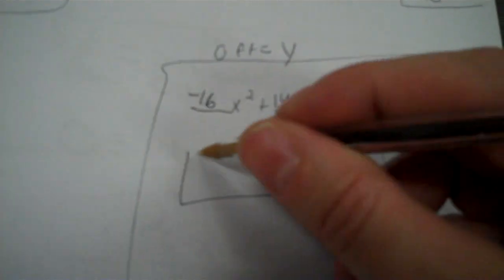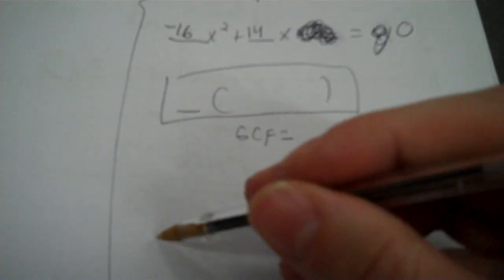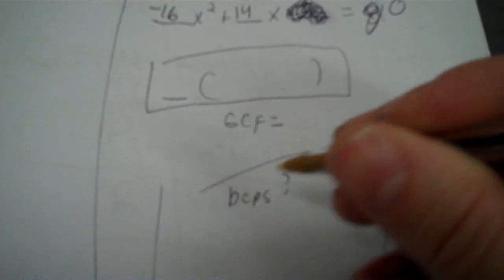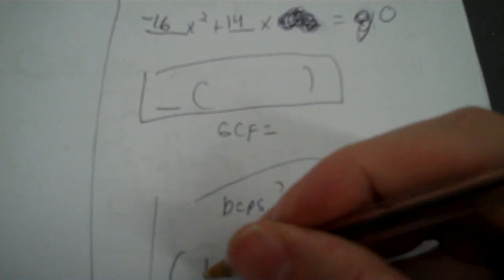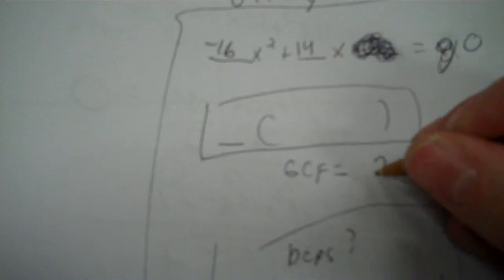There's 2 of them. You have 2 terms, so that would be greatest common factor. Then you check for a difference of perfect squares, but you're not going to have one. Greatest common factor, 16 and 14 are both in the second row.